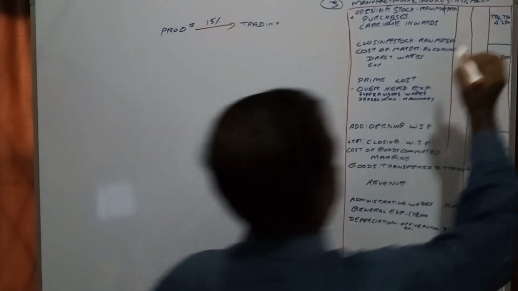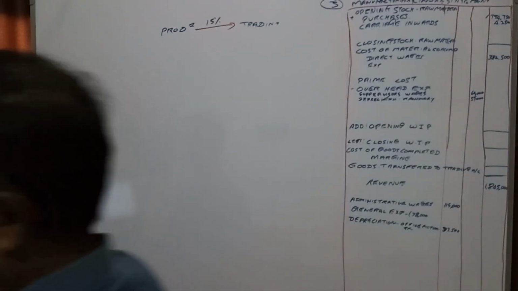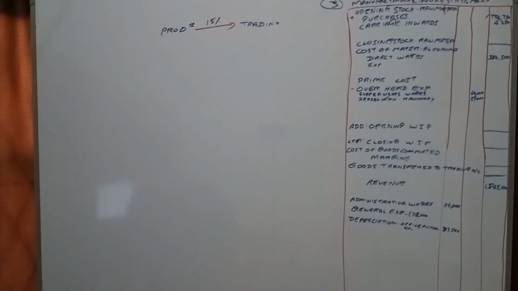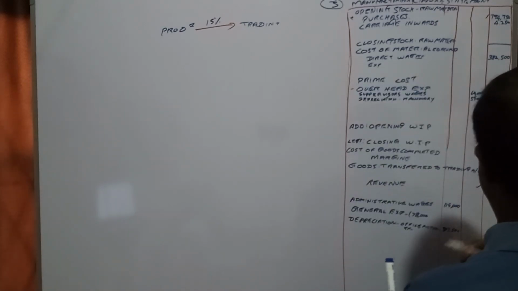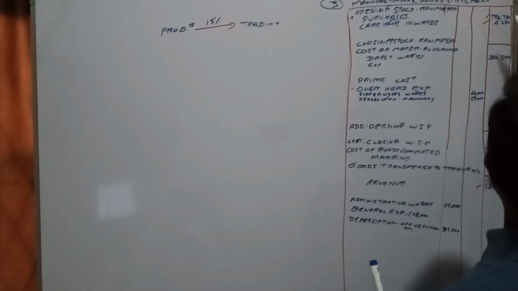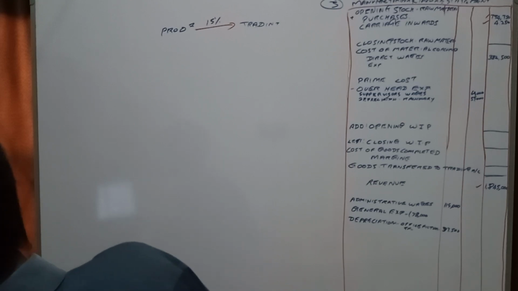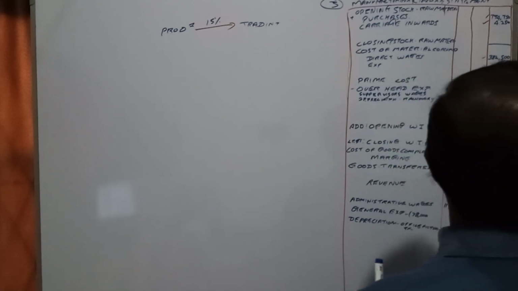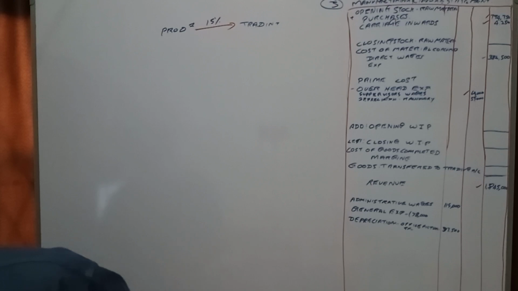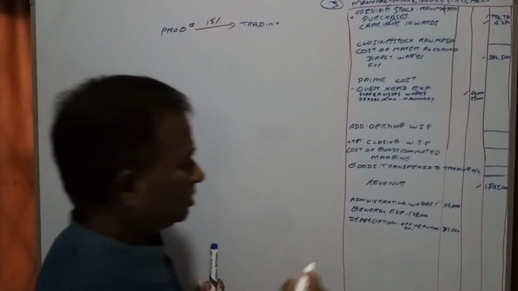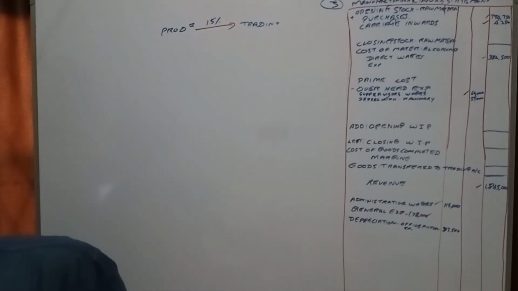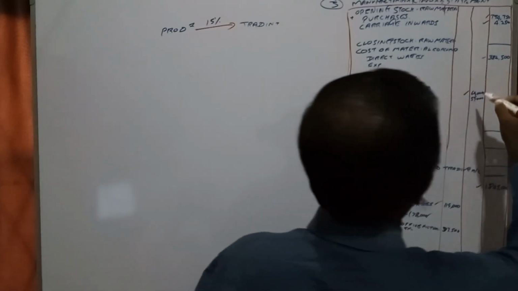Revenue 1,845,000, purchase of raw materials 794,750, carriage inwards 4,250, factory production wages 382,500, factory supervisory wages 64,000, administrative wages 115,000, general expenses 78,000, and depreciation 55,000 for plant and machinery.